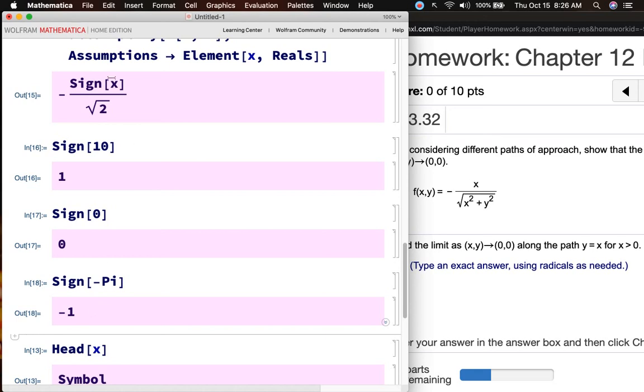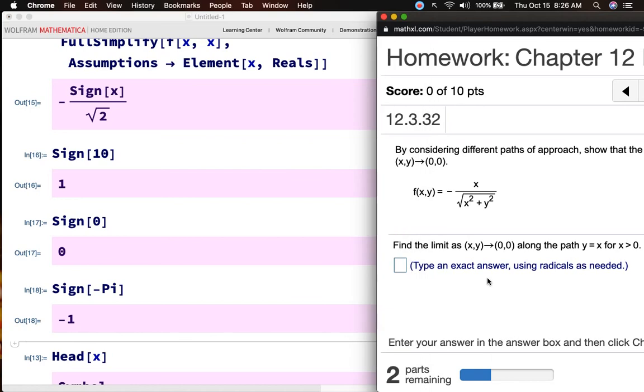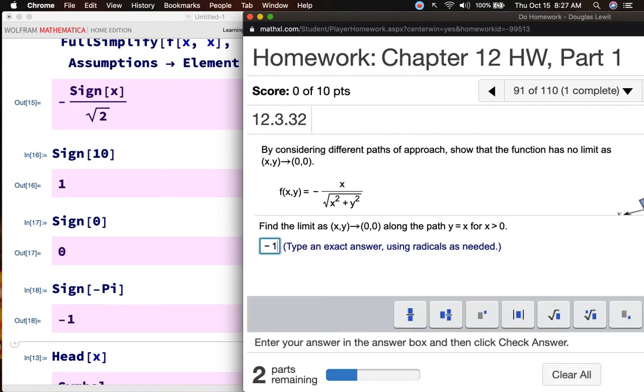So what I have here is an expression, negative sign x divided by the square root of 2. So if I have, find the limit as x, y goes to 0, 0 along the path y is equal to x for x greater than 0, well, the sign of any number greater than 0 is going to be 1, but don't forget I have that negative out here. So it's going to be negative 1 divided by the square root of 2.